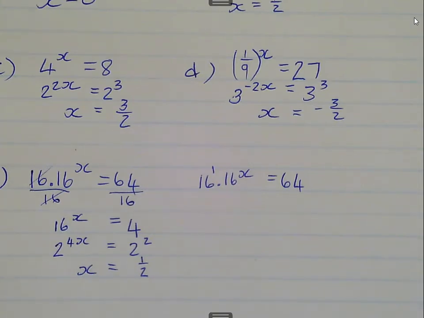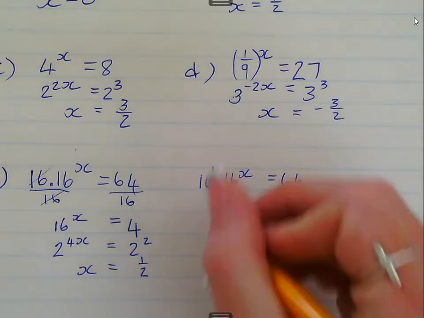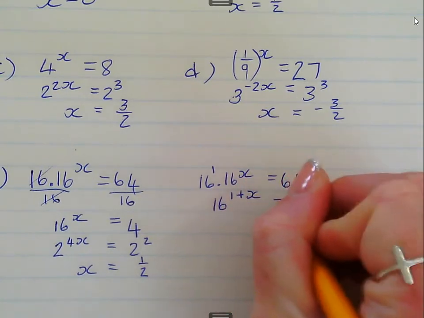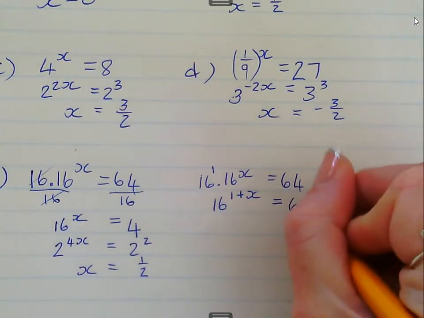And I am multiplying. What do I do with bases that multiply? What do I do with the exponents? I plus. So I can write this as 16 to the power of 1 plus x equal to 64.